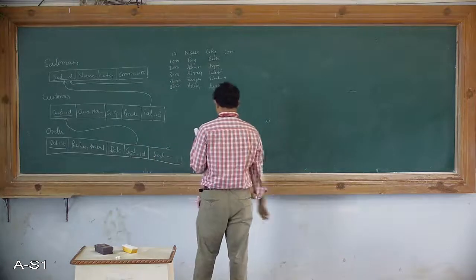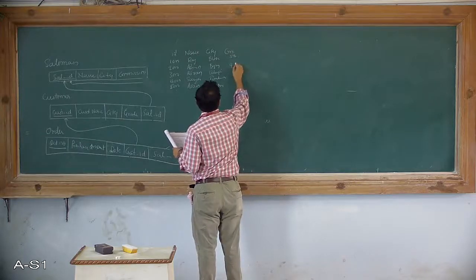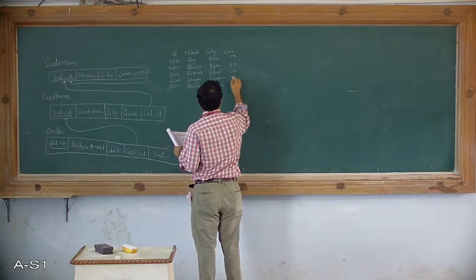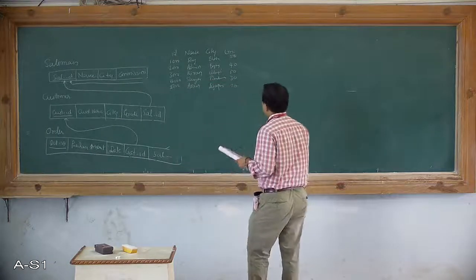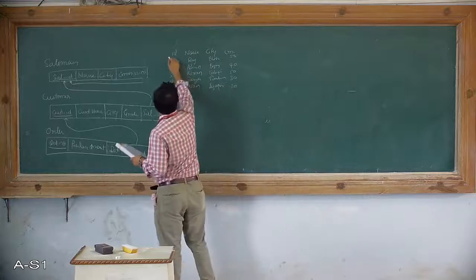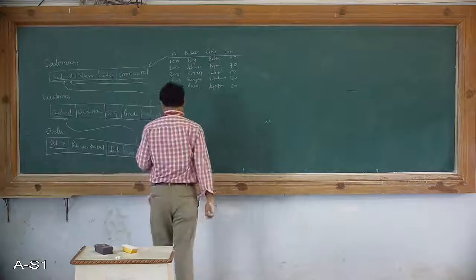And some commission. So he could have 50%, this fellow 40%, this may have 50%, 20%, some commission rate. Okay, this is our table. Next.